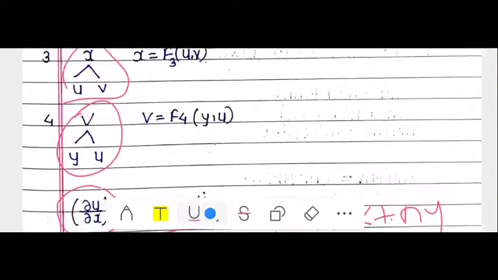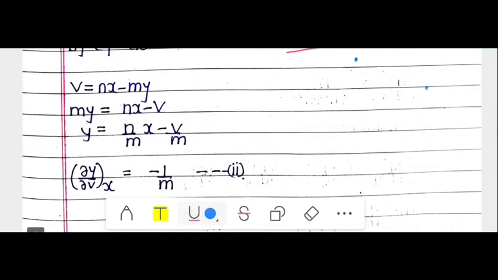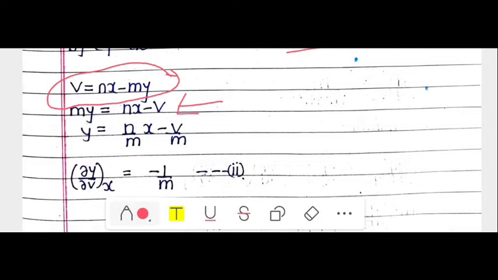y as a function of v and x. So for that we rearrange the terms. So v is equal to nx minus my. We shift the term minus my to the LHS side. So we get my is equal to nx minus v. When we write this equation for the value of y, y is equal to n upon m into x minus v upon m.